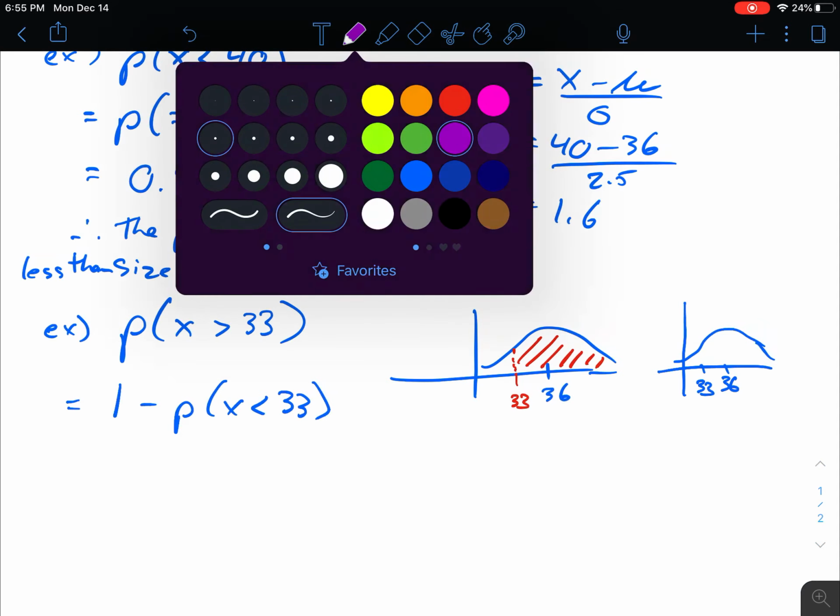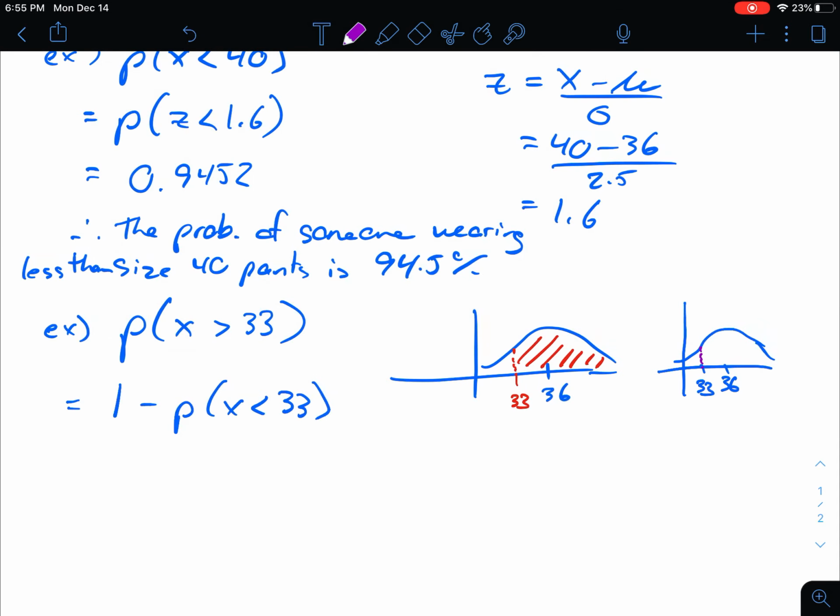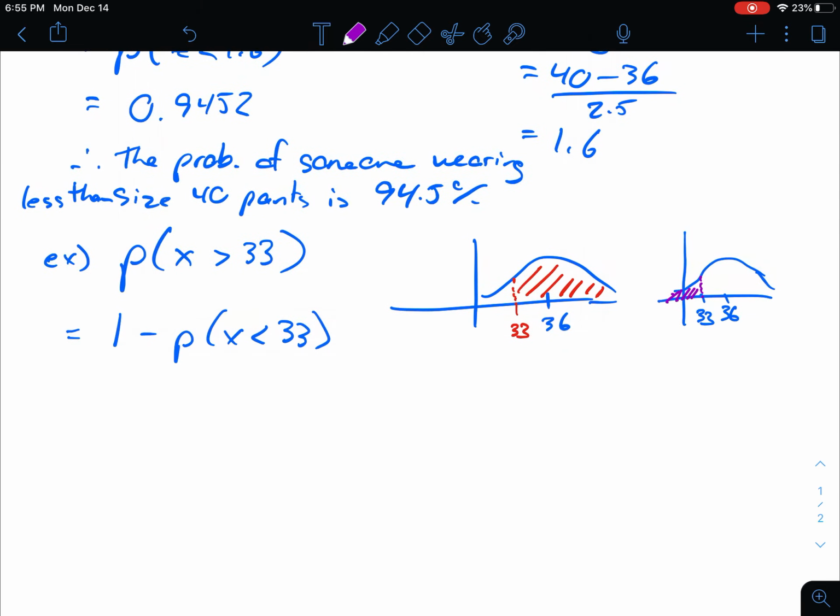What I'm basically going to do is figure out the area to the left of 33, that little purple area, and then subtract it away from 1, and that will give me what's left, which is the red stuff I'm looking for. So you have to change the direction of the greater than symbol to make it into a less than symbol, just like I did here.